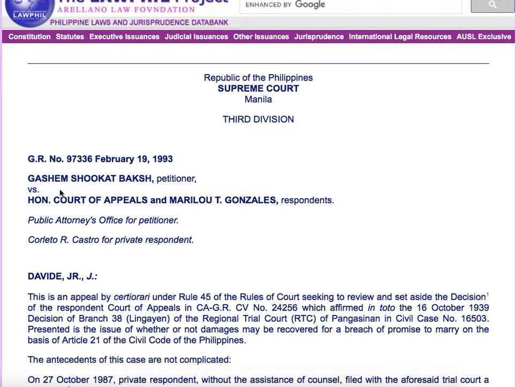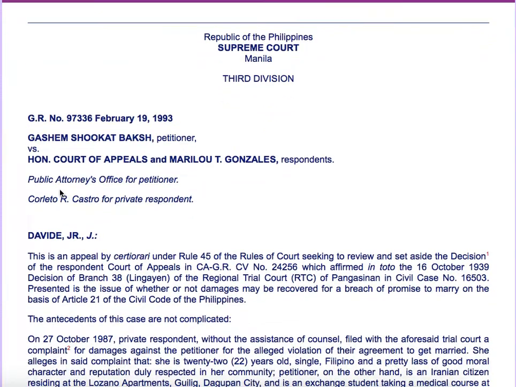Now, the first thing that you have to do when you have a case like this is to take a look at the parties. Okay? You see here, Gashem Shukat Baksh, he is the petitioner. So essentially, he was the one who filed an appeal to the Supreme Court. The next is you see the respondents, the Court of Appeals and Marilu T. Gonzalez.